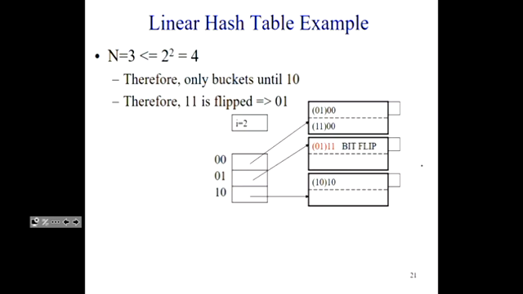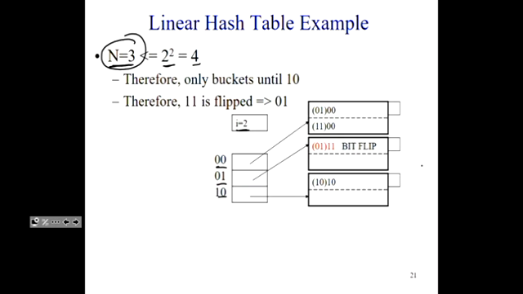Let's say n is equal to 3. This is less than 2 to the power of 2, which is 4. The number of bits that you care about is 2 bits, so i is equal to 2, and you have 3 buckets so far: 00, 01, and 10. These are the 3 buckets, so therefore n is equal to 3.